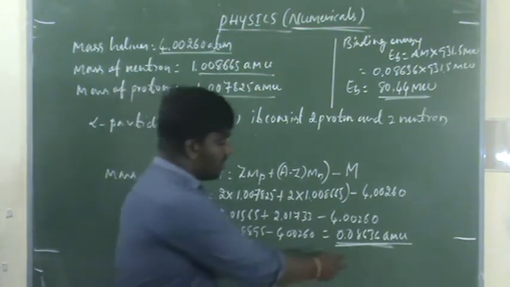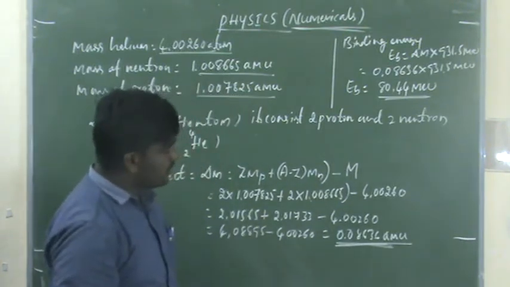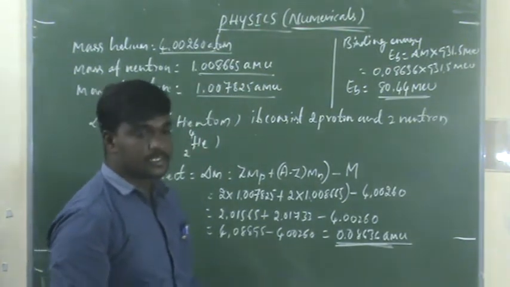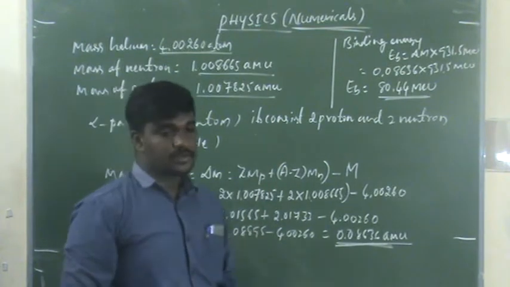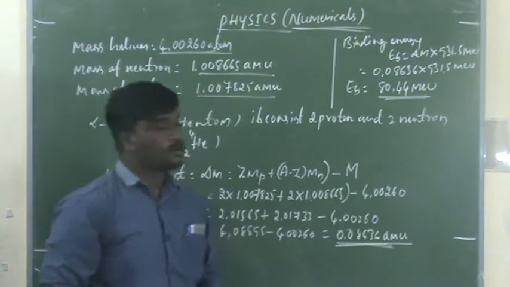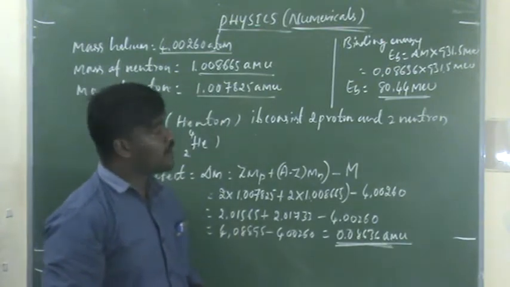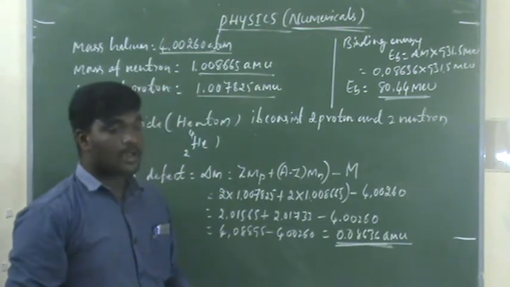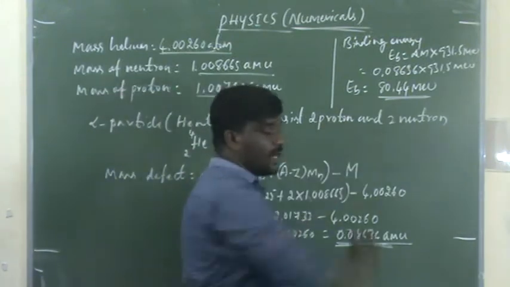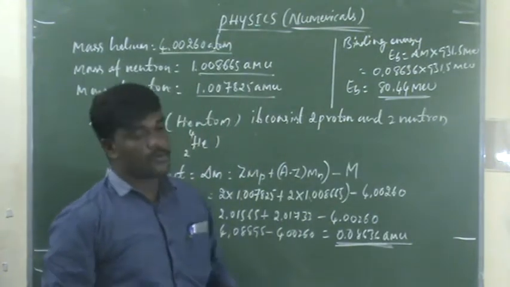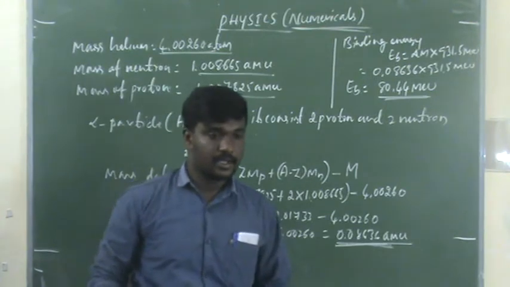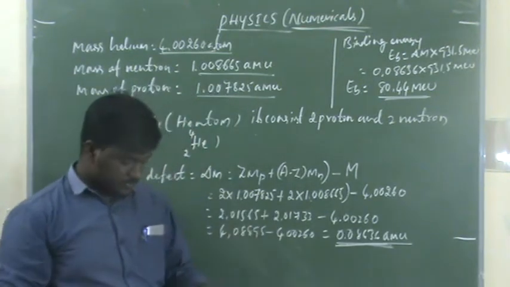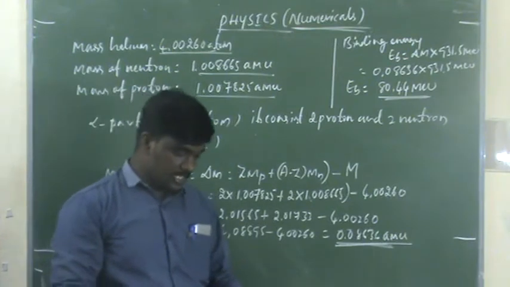Finally we got mass defect 0.08636 atomic mass unit. The binding energy is mass defect into 931.5 mega electron volts. Finally we got the binding energy 80.44 mega electron volts. Clear? So next, write down the next numerical.